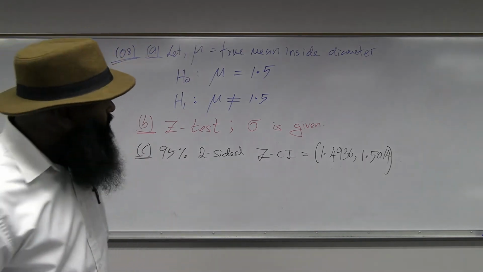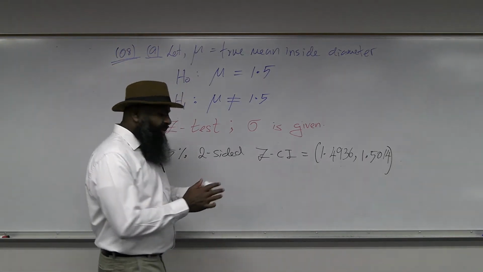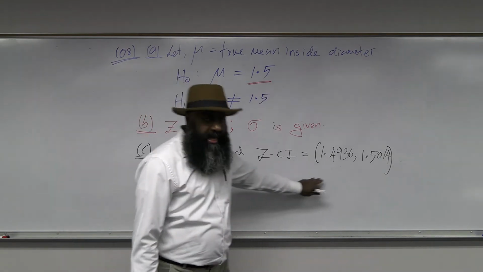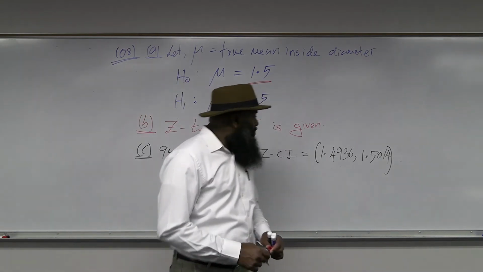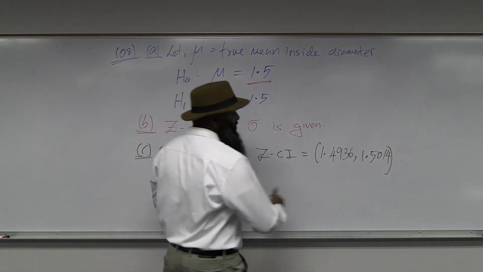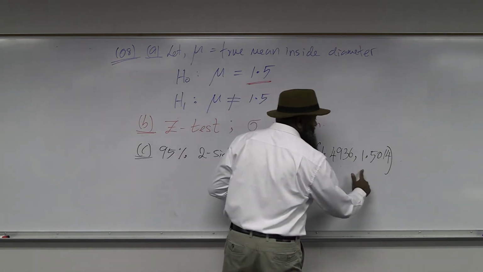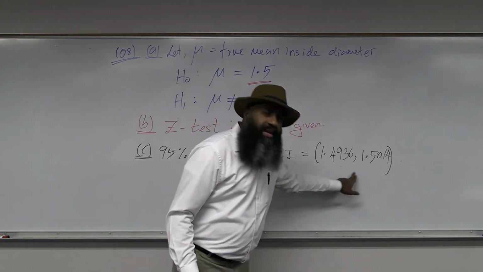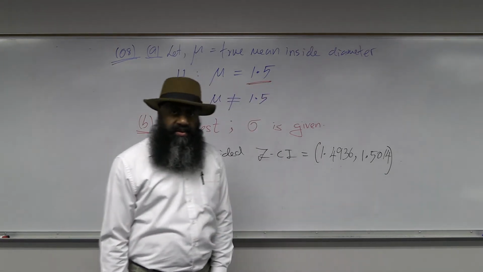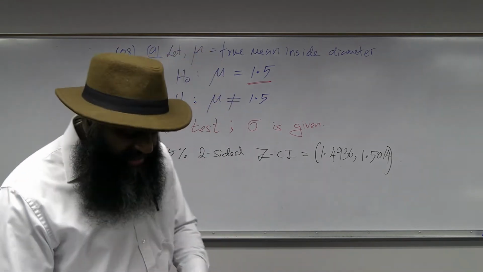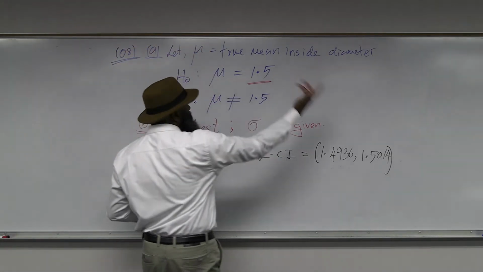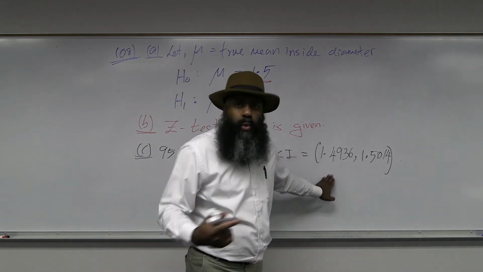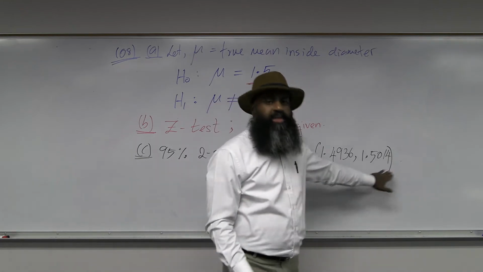After constructing the confidence interval, I have to see if the mu0 value, which is 1.5, is inside of this confidence interval. Of course, the lower limit is lesser than 1.5 and the upper limit is larger than 1.5. Therefore, 1.5 is found inside of this confidence interval. That means mu equals 1.5 makes sense. Okay? Because this is the confidence interval for mu and it contains 1.5.